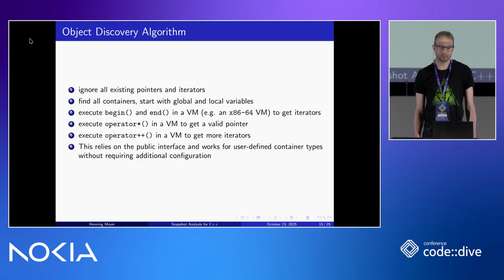And if from type information that I get from debug information, I know that this is a container that has begin and end methods, I emulate the instructions in the begin and end methods, and that tells me how to get iterators.